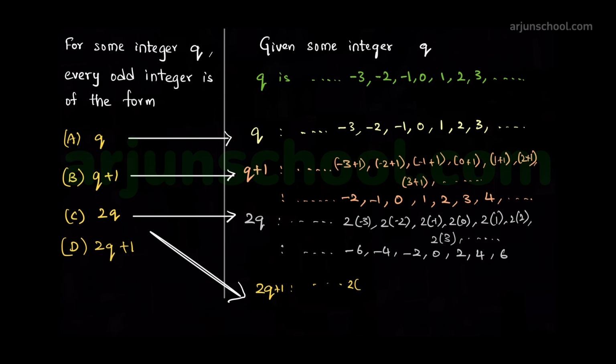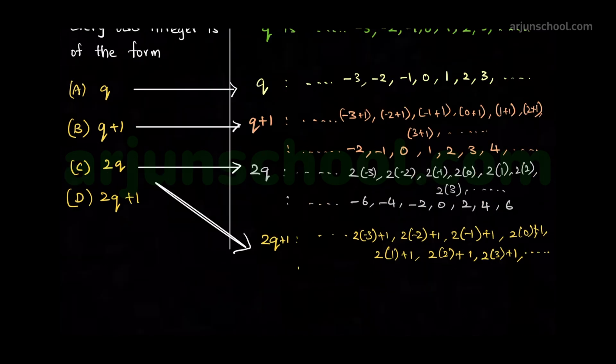2q plus 1 is and so on 2 times -3 plus 1, comma, 2 times -2 plus 1, 2 times -1 plus 1, 2 times 0 plus 1, 2 times 1 plus 1, 2 times 2 plus 1, 2 times 3 plus 1, and so on, which is 2q plus 1 is equal to and so on -5, -3, -1, 1, 3, 5, 7, and so on.